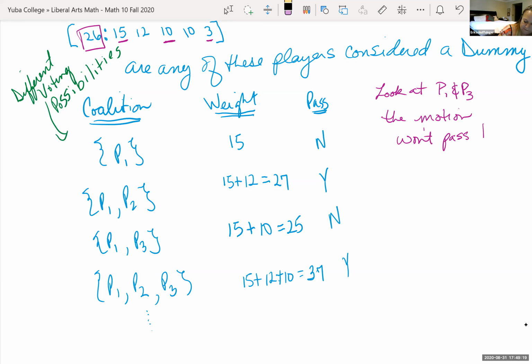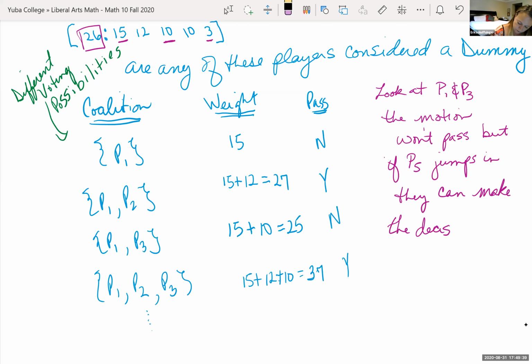But if player 5 jumps in, they can make the decision pass. Because their vote matters in that, then they're not a dummy. So therefore, they're not a dummy.